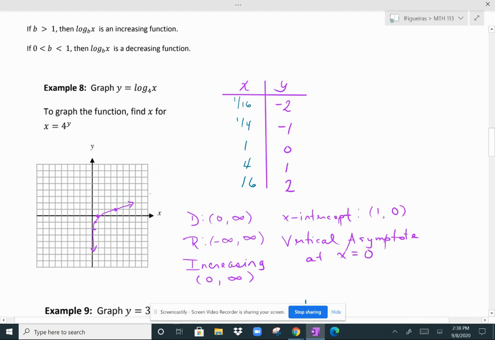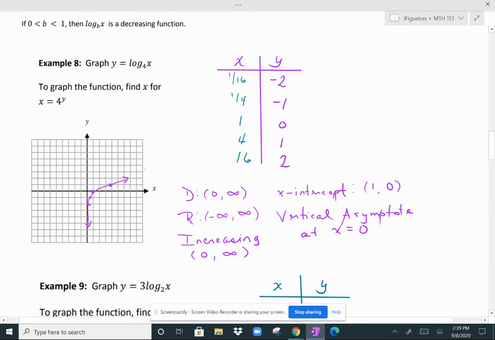The graph is increasing from 0 to infinity. It has an x-intercept at (1, 0). There is no y-intercept. It's not going to cross the y-axis at all. And we have a vertical asymptote on the y-axis, which is stated as x equal to 0. Some of these attributes might sound familiar because they are similar to the characteristics of the graph of your exponential function.